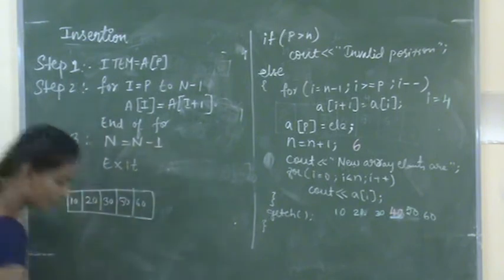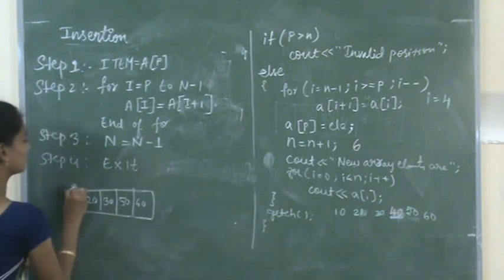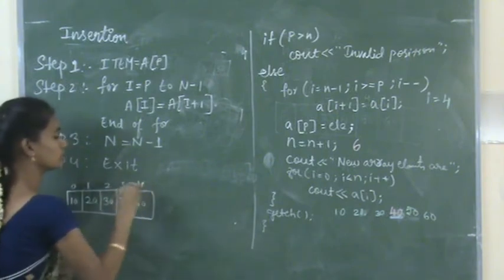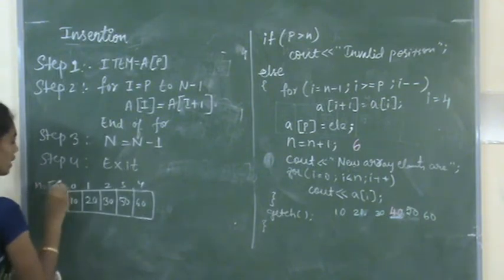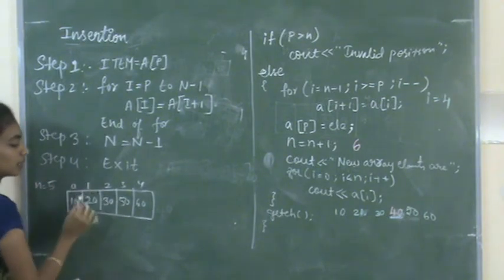So this is an array, and I inserted 5 elements. So the array becomes this.